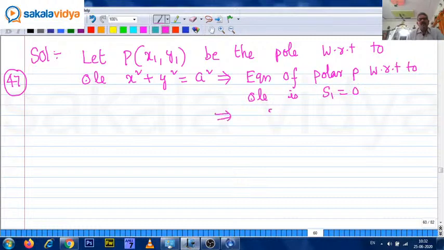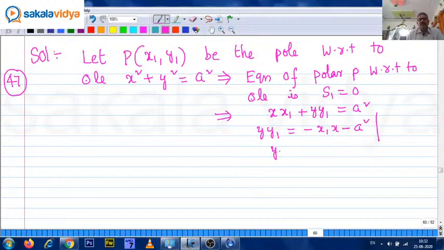That implies xx1 plus yy1 equals a square. Now yy1 equals minus x1 times x minus a square, divided by y1.